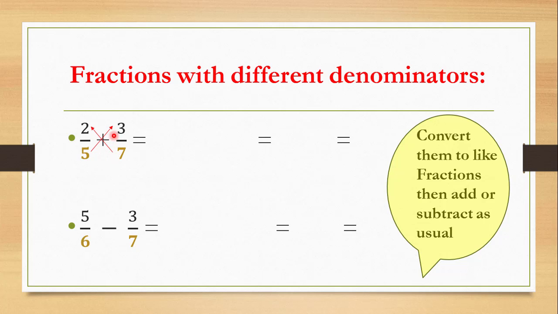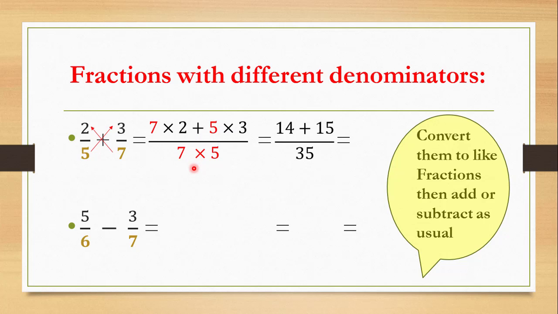So I'll multiply 3 also by 7. So we have here 7 times 2, which is 14, plus 15 over 35. The result will be 29 over 35. And this is the simplest form.